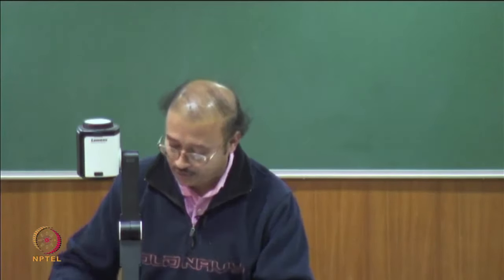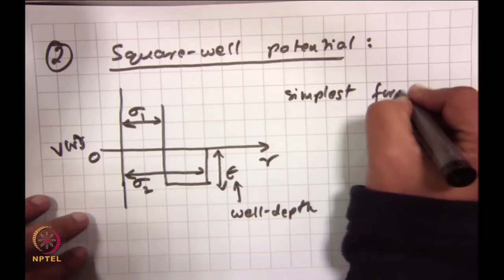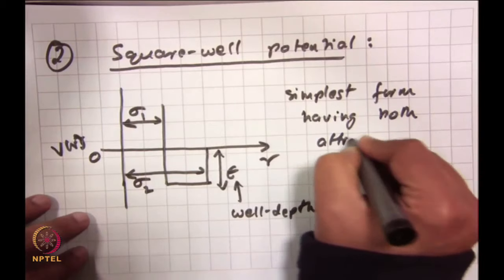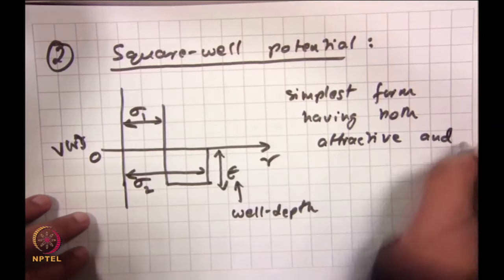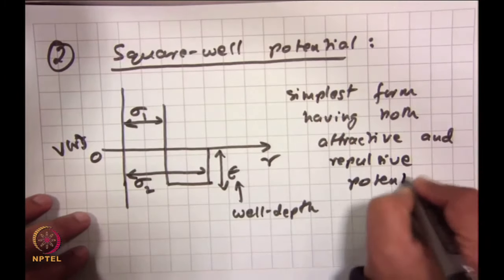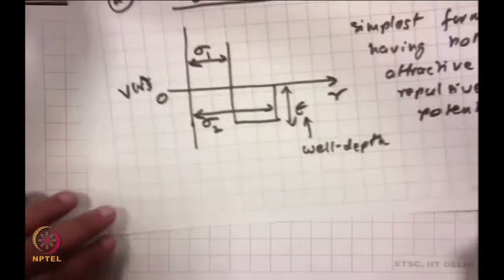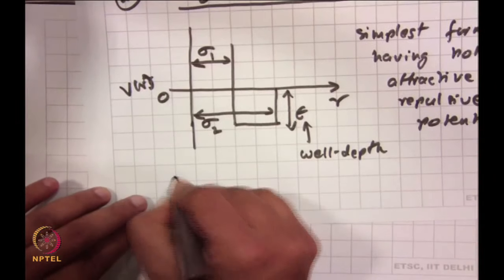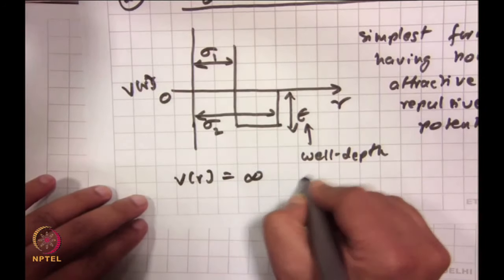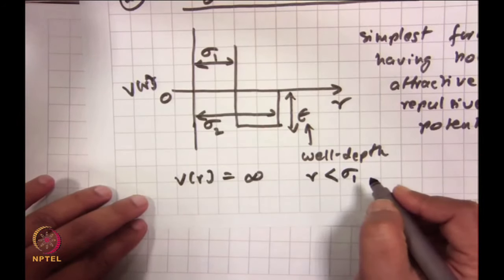So I can say this is the simplest form having both attractive and repulsive potentials. So here what we can write is V of r would be infinity. Now, what should the limit be? r is less than sigma 1, right.